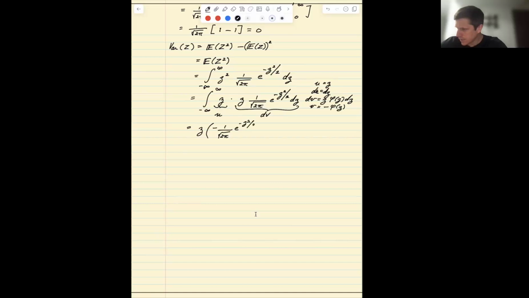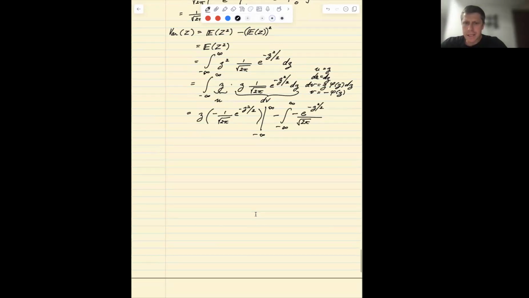E to the minus z squared over 2. Limits are minus infinity to infinity, and then we subtract off the integral of v du. Du is just dz, so it's just the integral of minus e to the minus z squared over 2 pi.